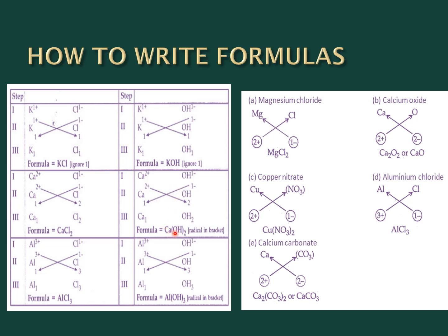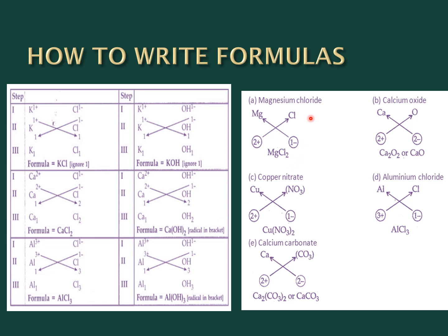So Ca(OH)2. We have to keep the entire radical or ion inside the bracket. Next is aluminium hydroxide. Aluminium and hydroxide. Valency of aluminium +3, OH -1. So Al1 (OH)3. So the formula is Al(OH)3.